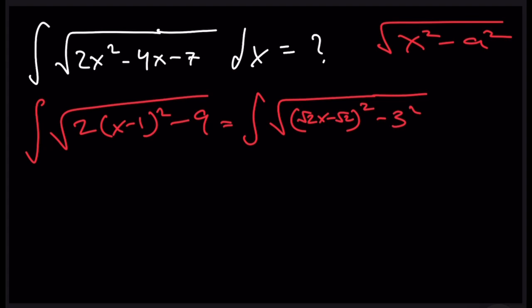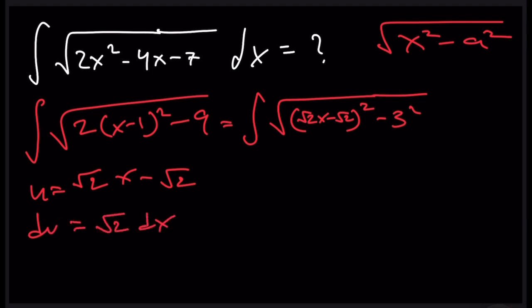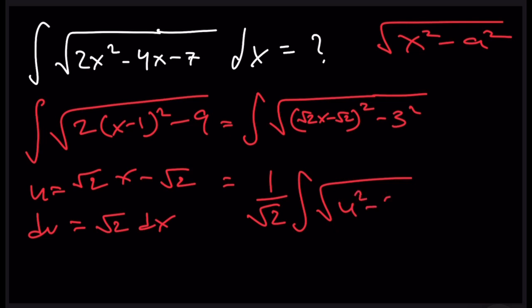So we can just say u equals root 2x minus root 2. And from there, we see that du equals root 2 dx. So that this integral is the same as 1 over root 2 integral of u squared minus 3 squared. And let's now set up our trig sub.